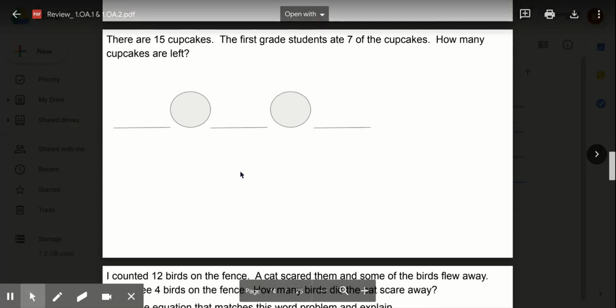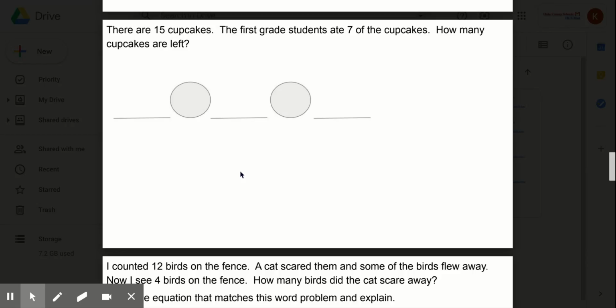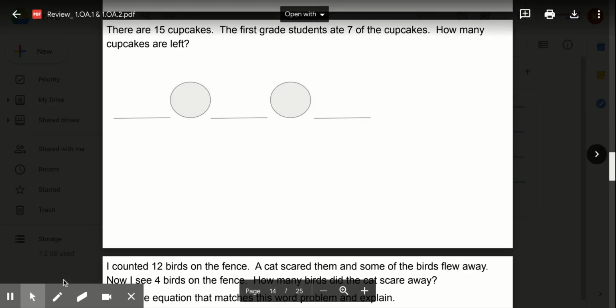All right, and now this is a we do. So I will read the problem and then we will solve together. There are 15 cupcakes. The first grade students ate 7 of the cupcakes. How many cupcakes are left? I know I am subtracting because it says that we ate 7. The first grade students ate 7, so 7 of them are being taken away. Now, I'm going to reread my problem and fill in as I read.